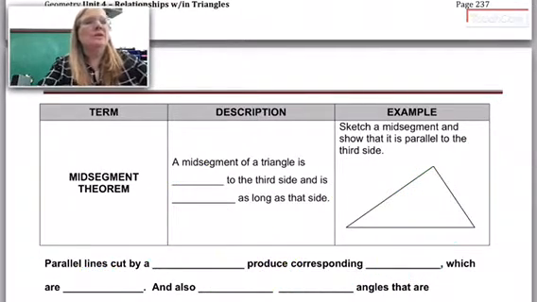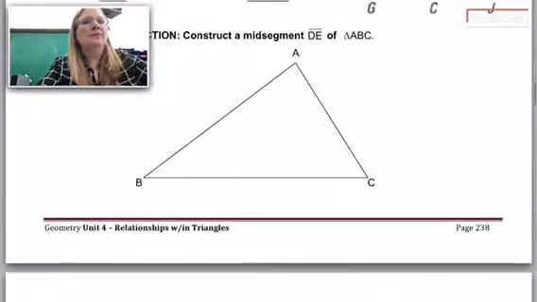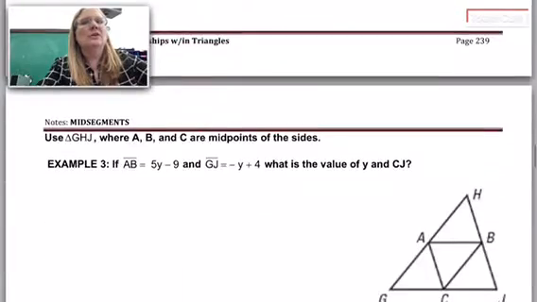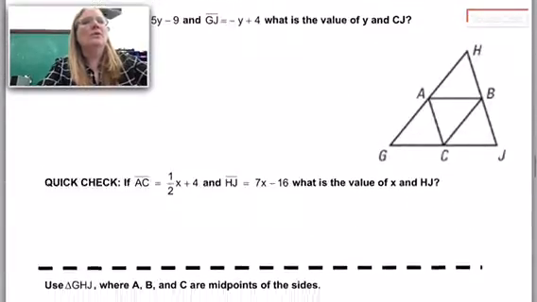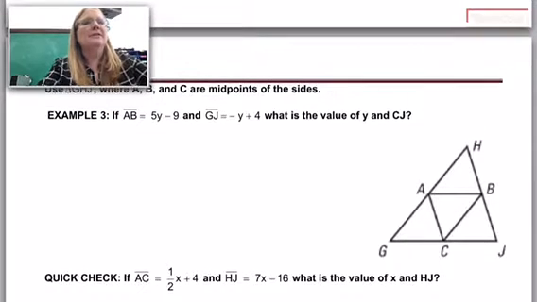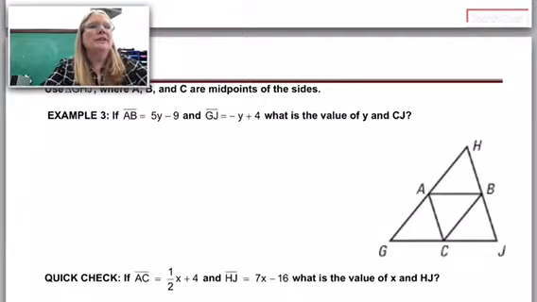Okay, so now we're going to go down to where we dropped off in the last video, and I believe it was on example 3. Okay, so in example 3, they tell us that A, B, and C are midpoints, so we know we have mid-segments.